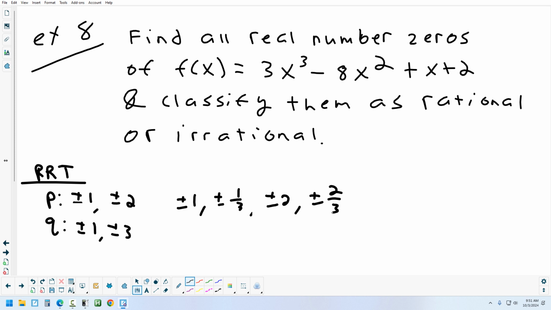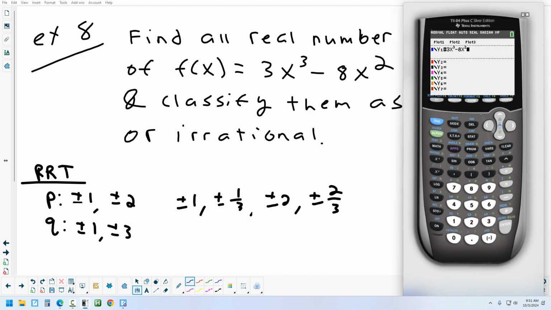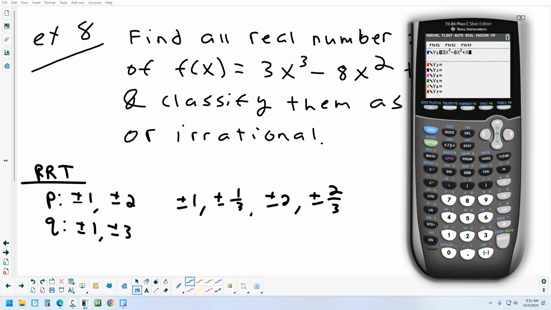Let's figure out which one is going to work. Okay, I have to give you one that works, otherwise you're not going to be able to turn this into a quadratic and then you're stuck. 3x cubed minus 8x squared plus x plus 2. Okay, I'm going to leave my window zoomed in because I only need to look from -1 to 1. That's the biggest and the smallest.